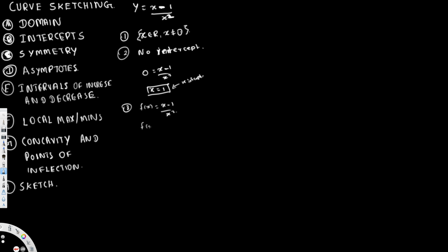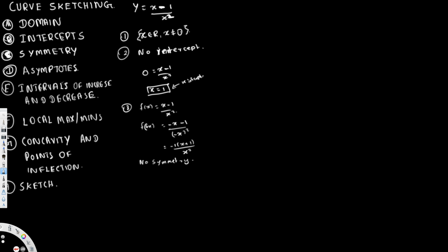If I plug in negative x, what I will get is negative x minus 1 over negative x square. In the top I can take the negative 1 common, so it's going to become x plus 1. And in the bottom, negative x square can be written as x square, because both are the same thing, but it's not equal to f of x. If you see, f of x and f of minus x are not the same thing, therefore there's no symmetry.